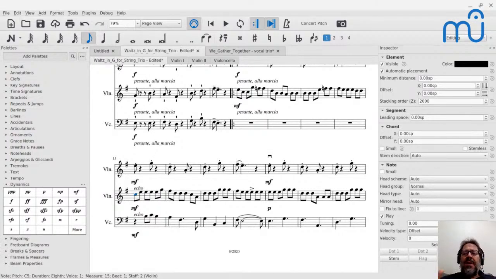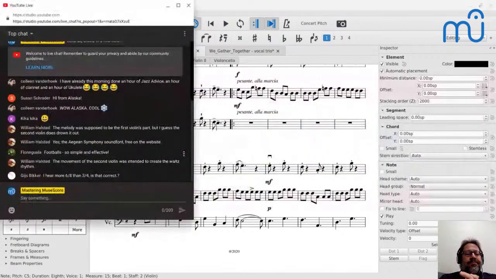You might have 20 different parts in your orchestra, but really only two different things happening rhythmically, or maybe at most three, maybe one layer of footballs, and then two sort of contrapuntal layers against that. That would be a pretty typical type of texture.